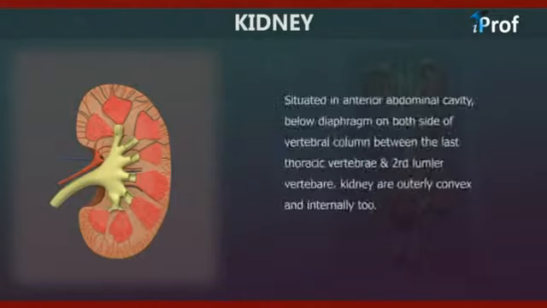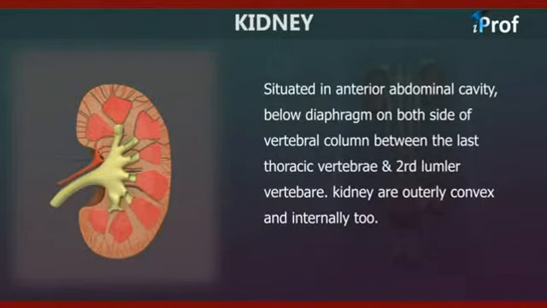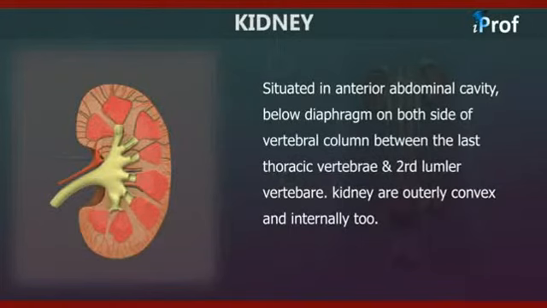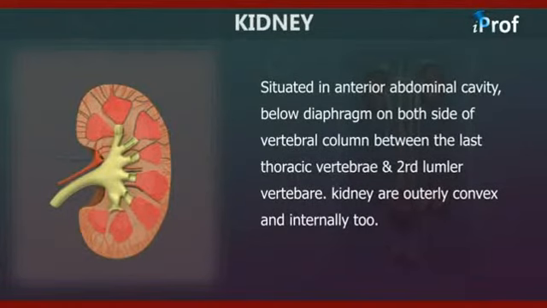Kidney is situated in anterior abdominal cavity, below diaphragm, on both sides of vertebral column. Between the last thoracic vertebrae and second lumbar vertebrae. Kidney are outerly convex and internally concave too.